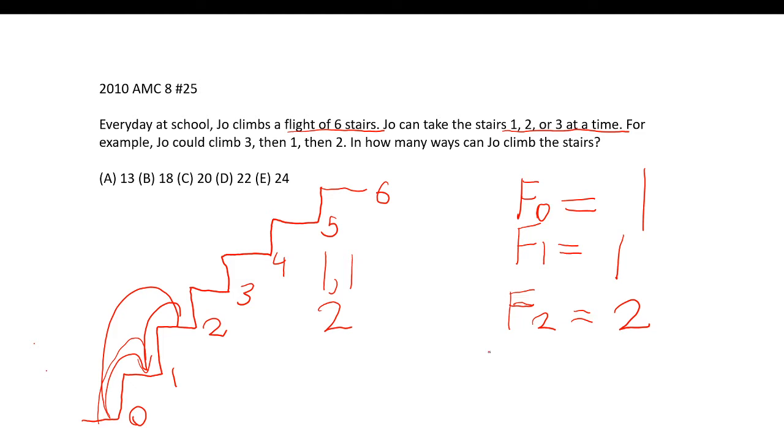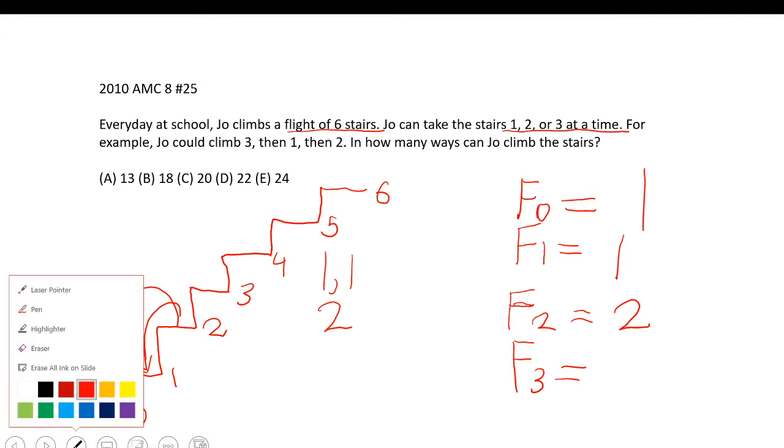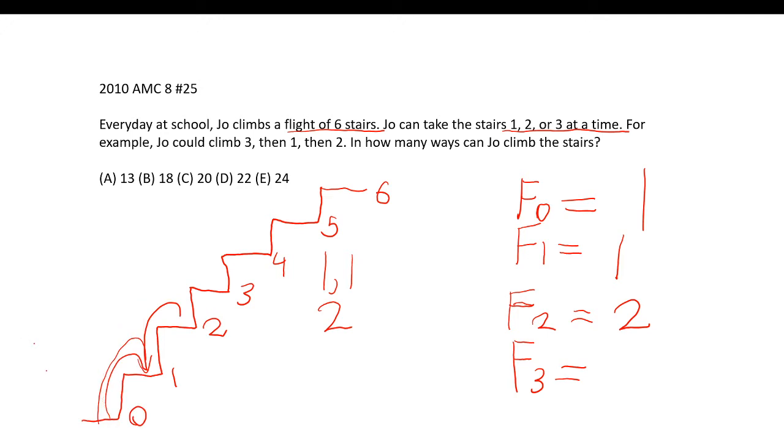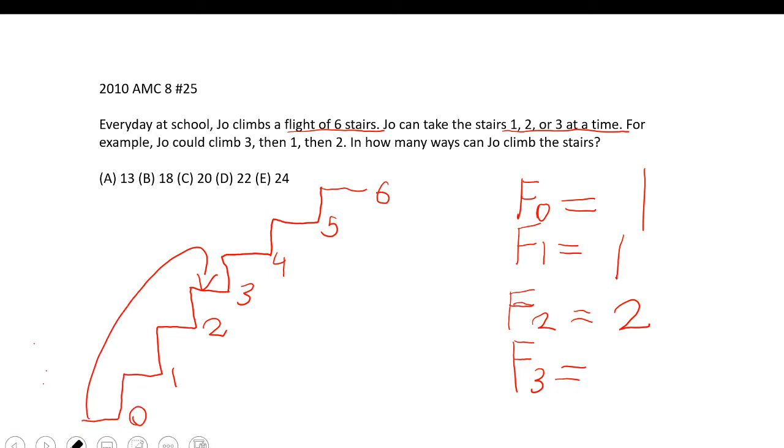Let's build our recursive formula. Now F3, 3 stairs. So I'm going to erase all of this, since we don't even need that. Now, F3, how many ways are there to get to step 3? Well, we could start at 0 and take the simplest case possible in this one, which is just 3 steps.